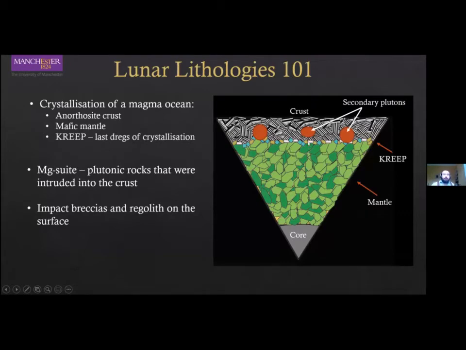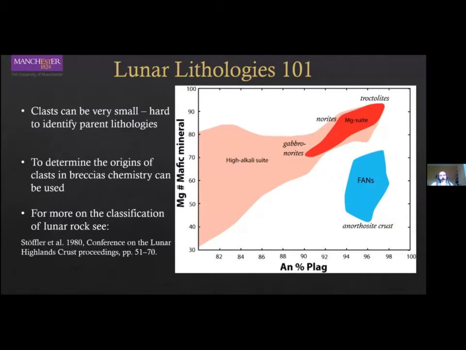And in the cases where a lot of these clasts are very small, or when you're only looking at a couple of mineral fragments per clast, chemistry is a very useful tool for trying to identify apparent lithologies. And this is a classic plot that's used a lot to identify some of these potential different lithologies that small clasts that we study might derive from. This is a plot of the anorthite content in plagioclase versus the magnesium to iron ratio in mafic minerals within a particular clast.